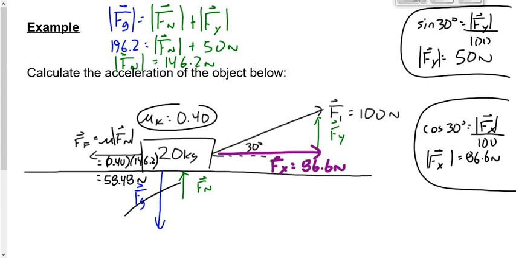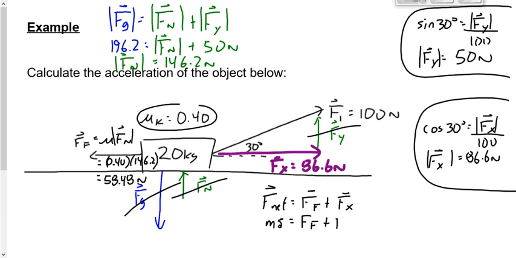Remember, this canceled with this and this. So all I've got left is friction in the x component now. Let's say F net is equal to Ff plus Fx. We're going to say m times a is equal to Ff plus Fx.